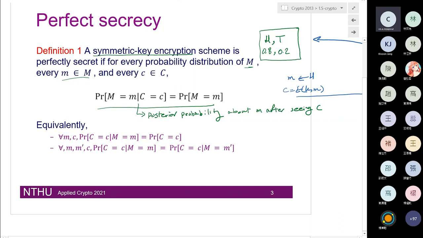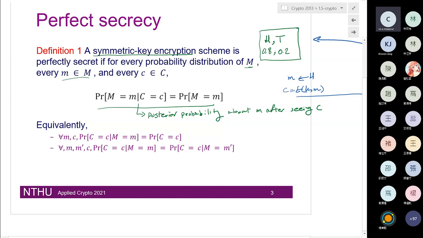Just think of it the other way around: for any two different messages that I choose, it is equally likely for them to be encrypted to become the same ciphertext, right?